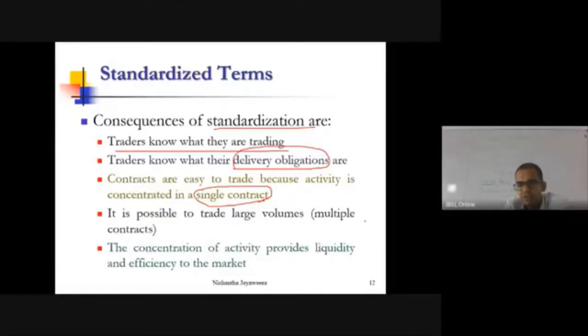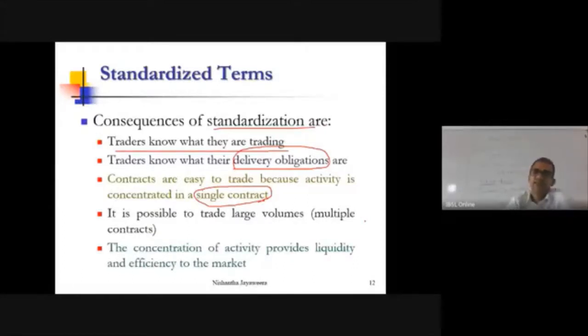So you trade multiple contracts in one trade. Instead of a single contract, say if you want to buy 1 million barrels of oil, what do you do? You buy 1,000 contracts. One contract is for 1,000 barrels. When you buy 1,000 contracts, it is for 1 million barrels. That's how you trade it. So it's easy in that sense.